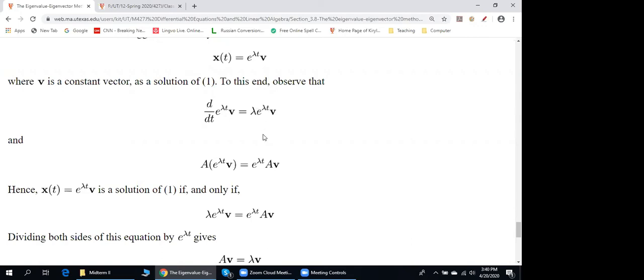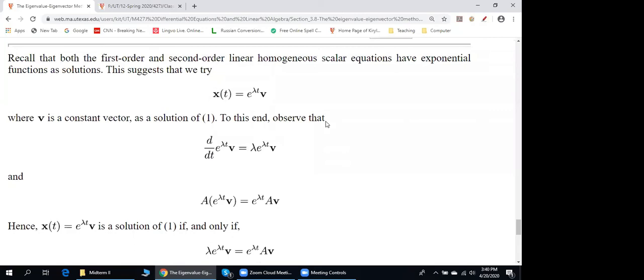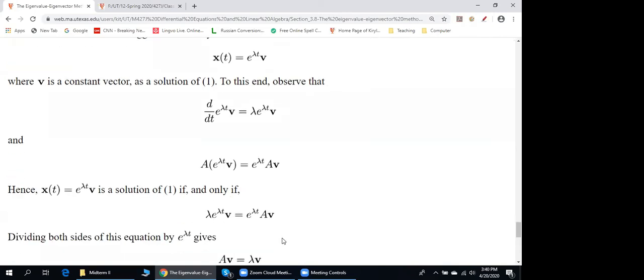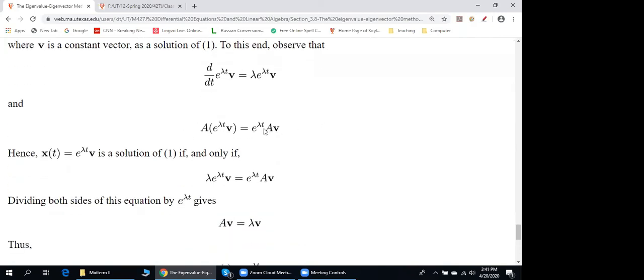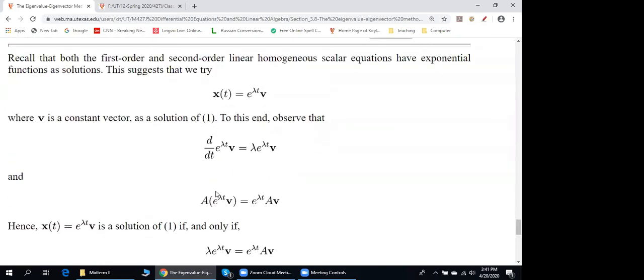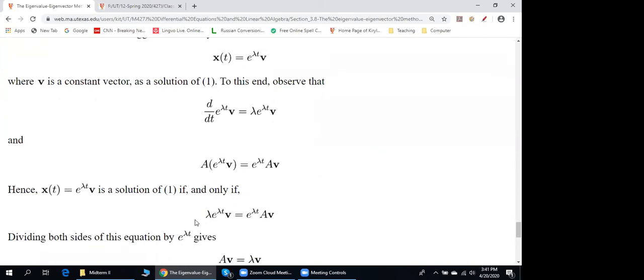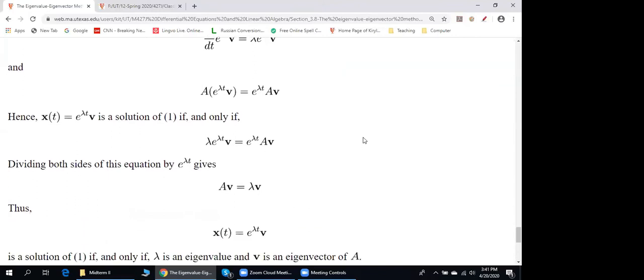When you plug into x dot is equal to Ax, if you look at the next step above, this is only the right-hand side. This is the left-hand side, this is the right-hand side. Our left-hand side should be equal to the right-hand side. Here's what we get. Okay, thank you.